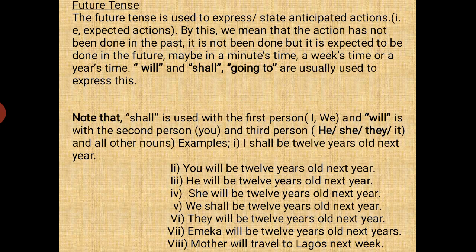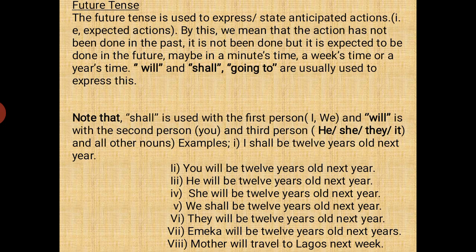Then we go to the future tense. The future tense is used to express or state anticipated actions, that is, expected actions. Actions we expect to happen in the future. It has not happened.